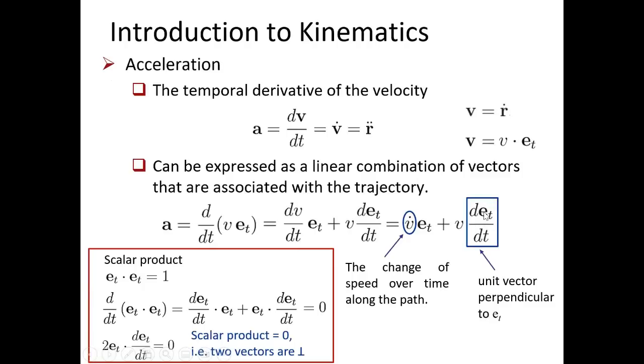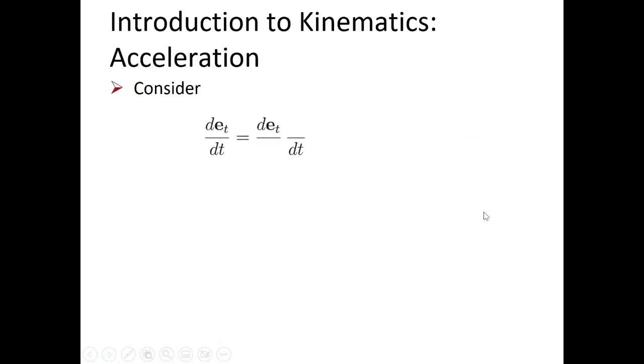If we look at the magnitude of this, again, I will do a small manipulation. I will write det over dt, and include ds in the middle, so the ds parameter comes into the discussion. So this is speed, and this direction is perpendicular to et. That is what we just found.